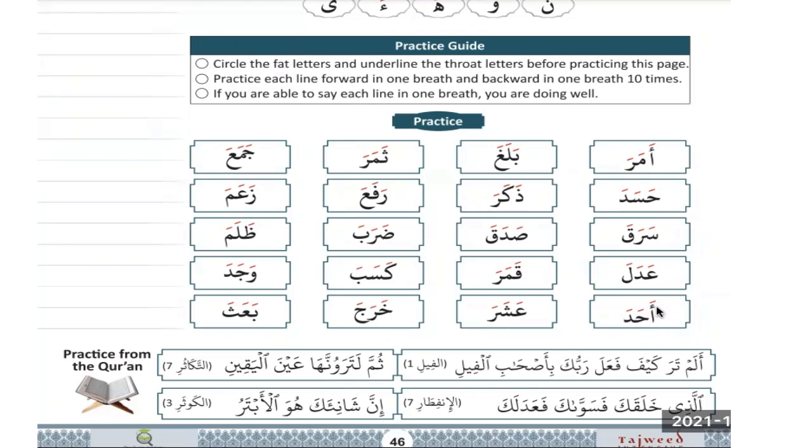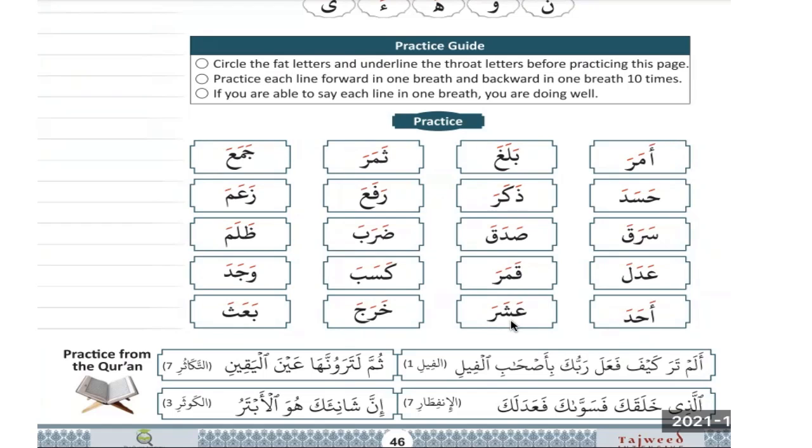Ahada. The 3 of them are the light letters. No one belongs from the fat letters. But make sure, give a very good sound from the middle throat. Ahada. Okay?